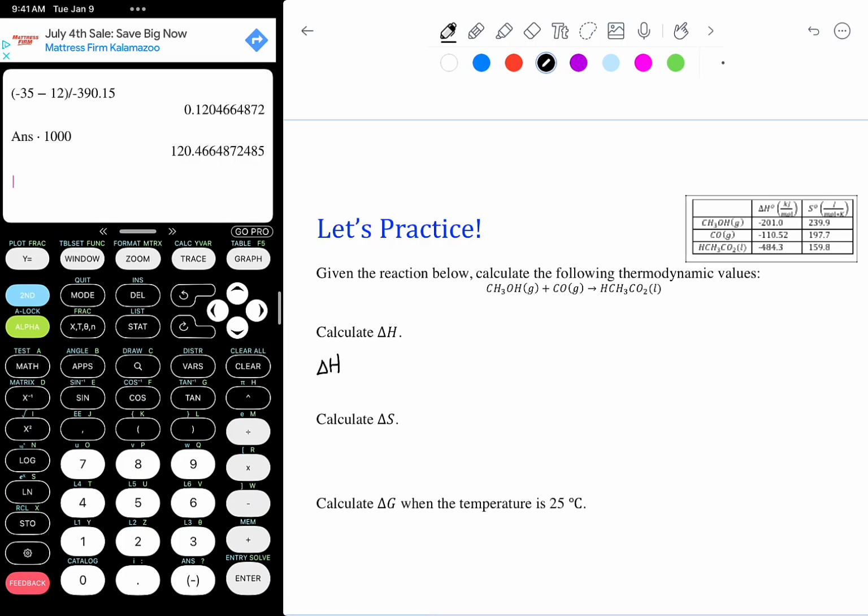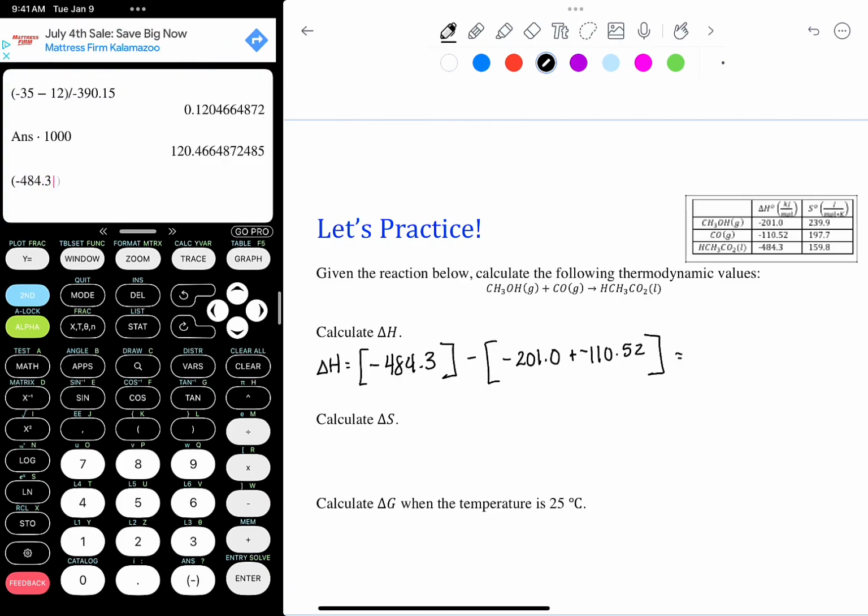So delta H is going to be equal to the products minus the reactants in order to get, let's see, negative 484.3 minus negative 201.0 plus negative 110.52.